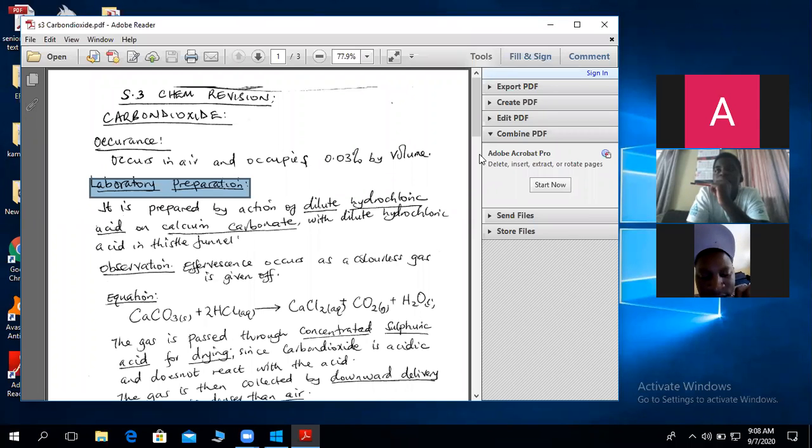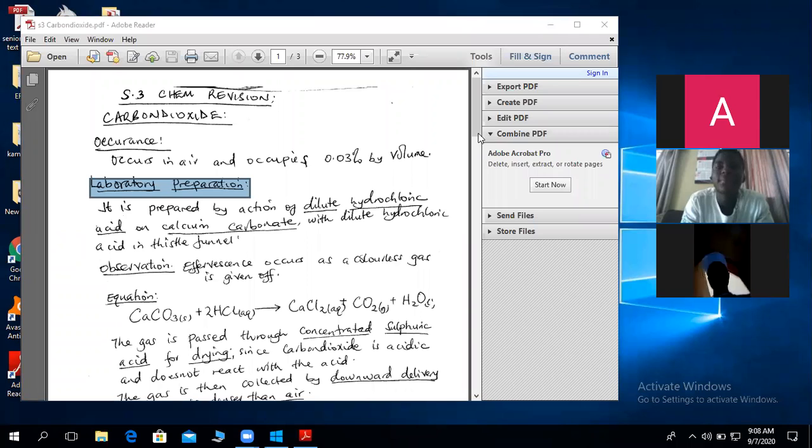After knowing that, you need to know the drying agent, because you should never expect a question where we are asking you to prepare a wet gas. So you must know the drying agent of each gas. And after drying the gas, definitely you will need to know how to collect the gas. That means you need to know the method of collection of the gas. So let me take you through.